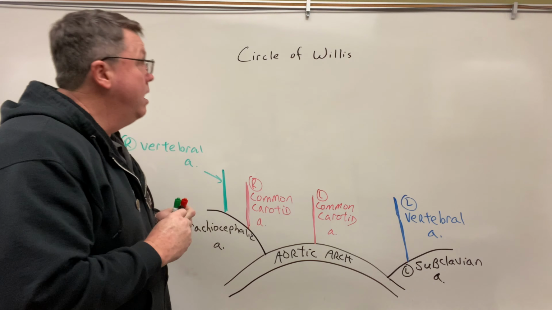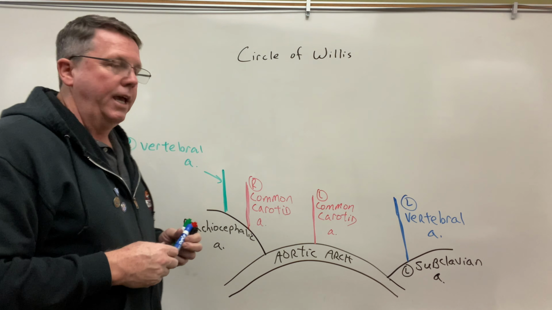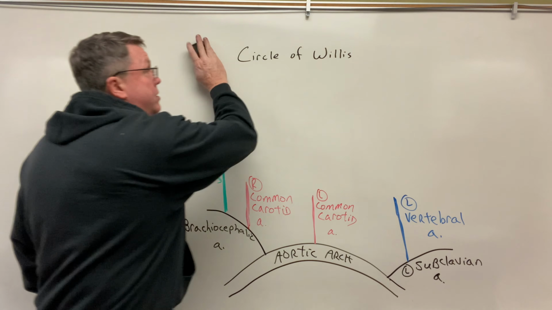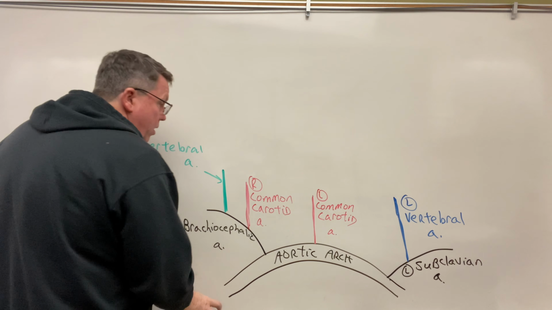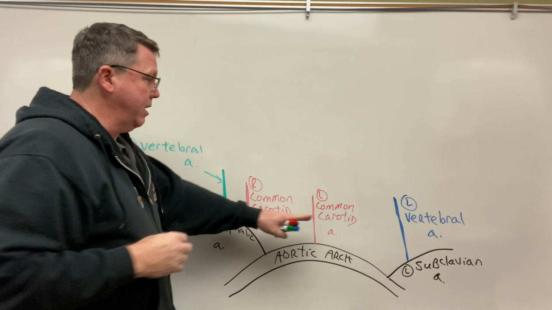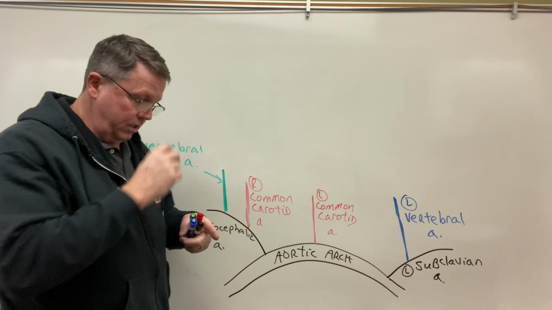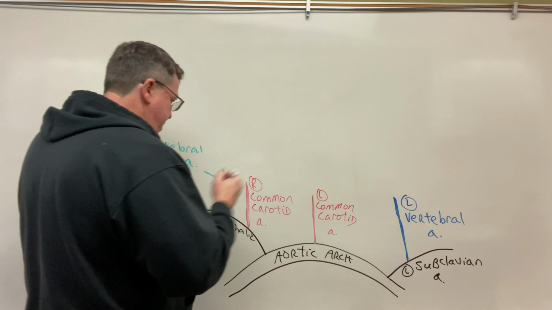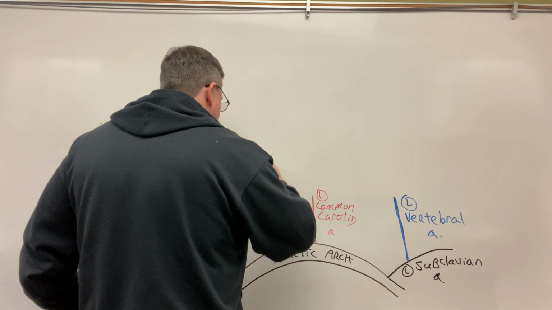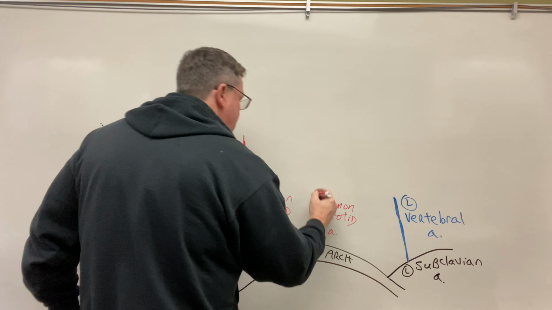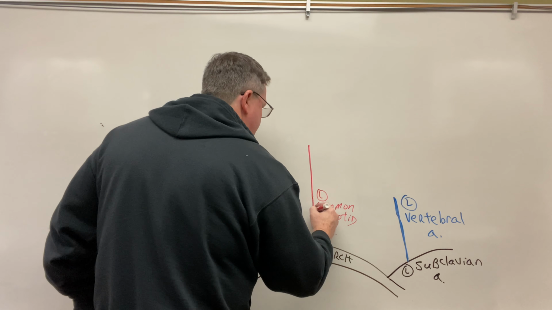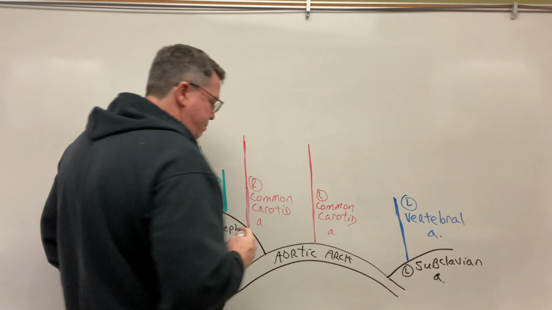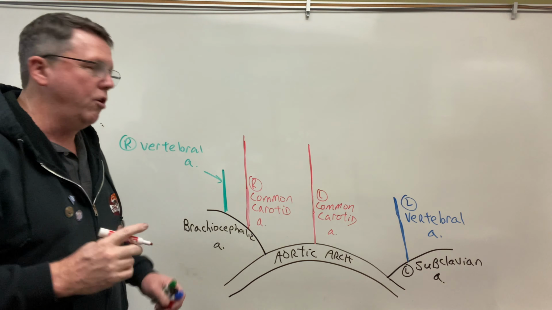So now, let's talk about the role that these play in the circle of Willis. The first thing we're going to talk about is our two common carotid arteries. They are going to come up like this, and they're going to go up in the neck, and then they're going to do what we call bifurcate. Bifurcate means they're going to split into two.